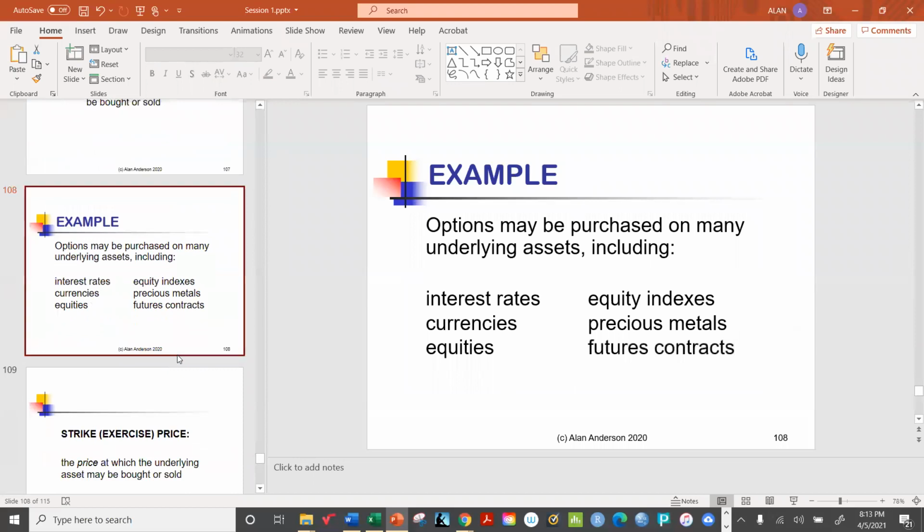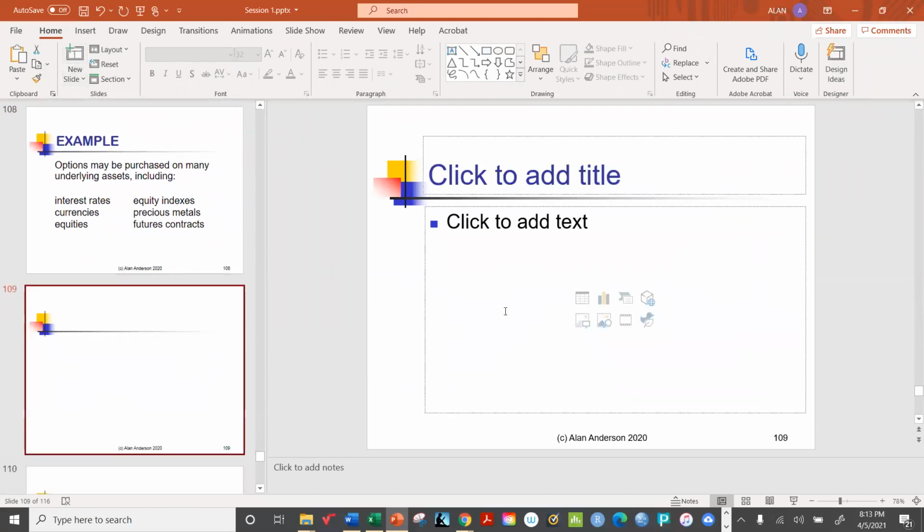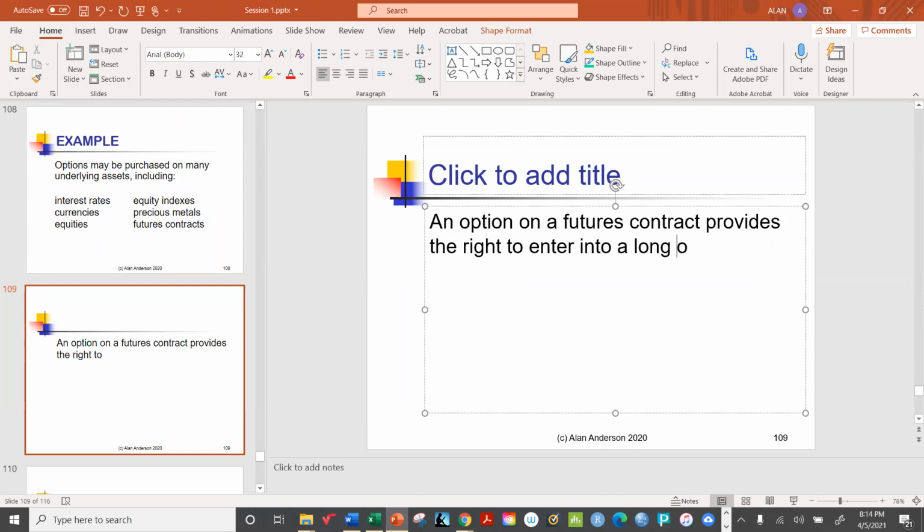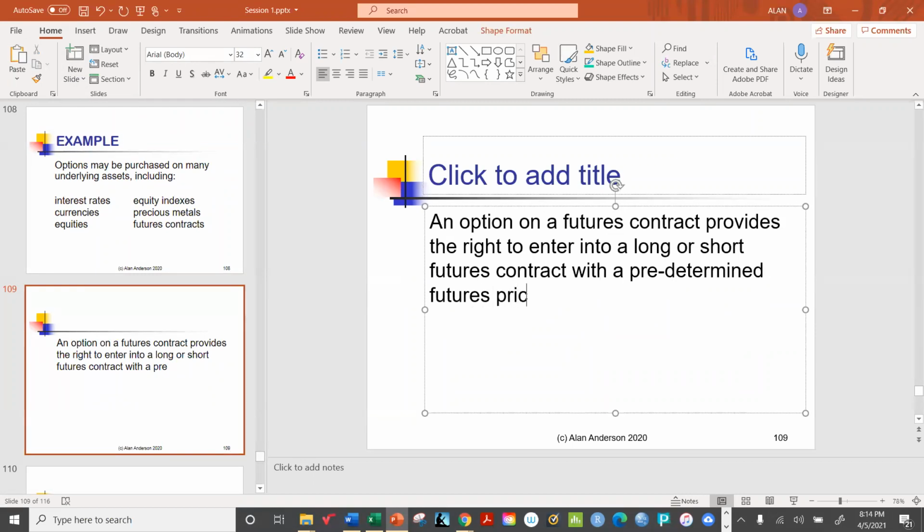Now, that's kind of odd. And just as a quick explanation here, an option on a futures contract provides the right to enter into a long or short futures contract with a predetermined futures price.